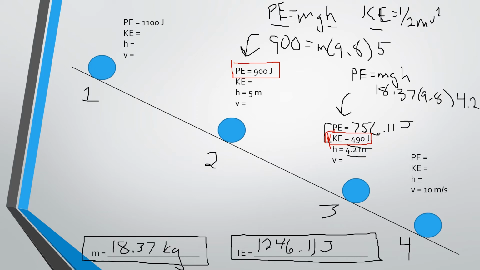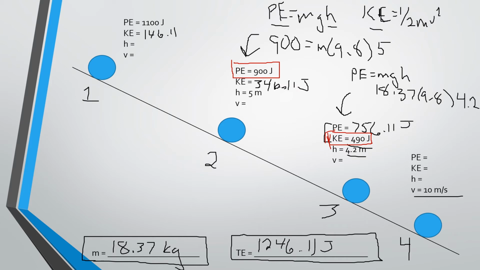So the KE here is going to be 146.11. The KE here for the second spot is going to be, I didn't need to do that. Why did I type that in my calculator? I actually knew that in my head. All right. 1, 1.